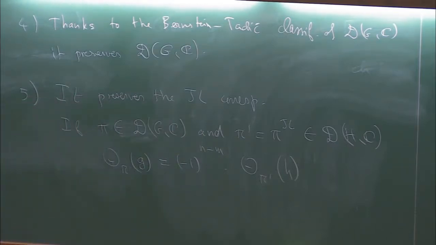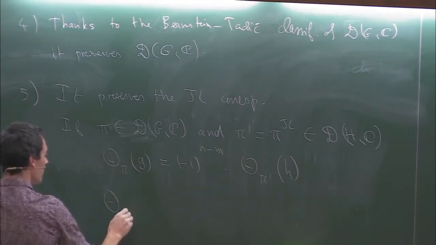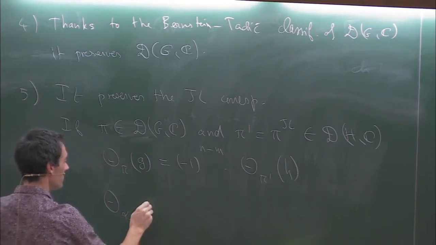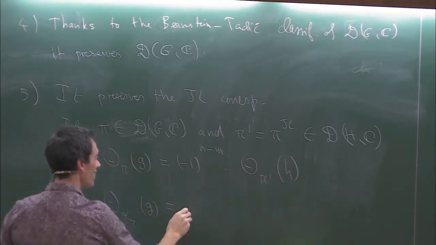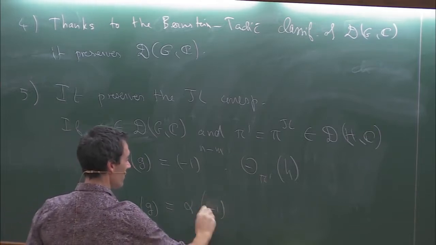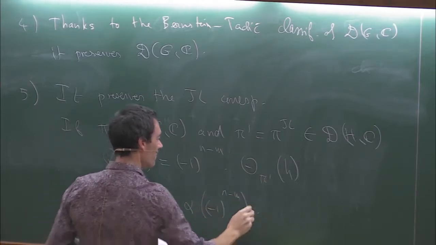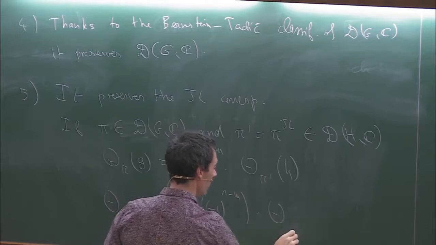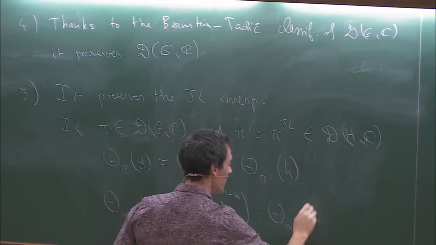If you apply the automorphism alpha, you will get theta alpha pi of g equals alpha of this sign times theta alpha pi prime of h.